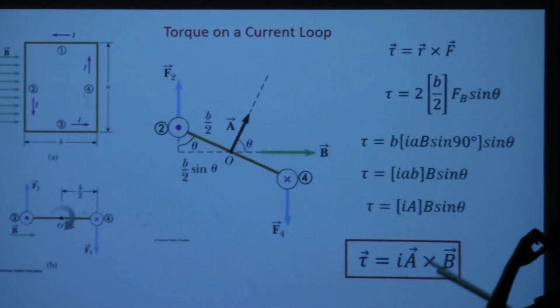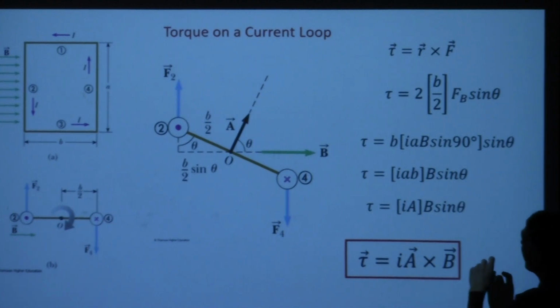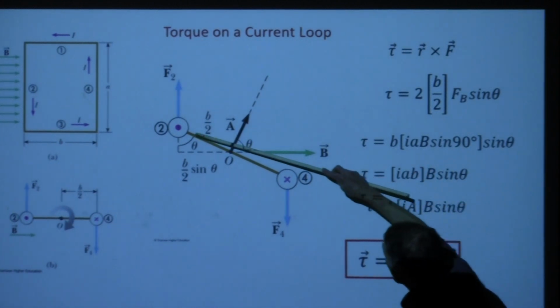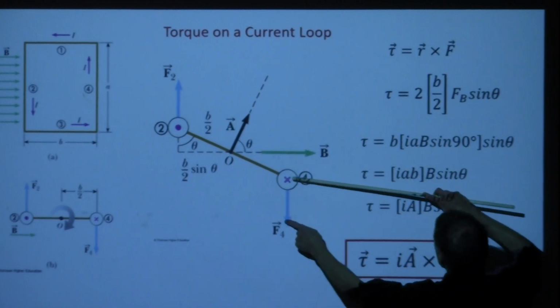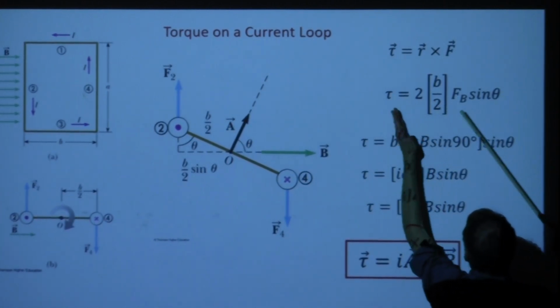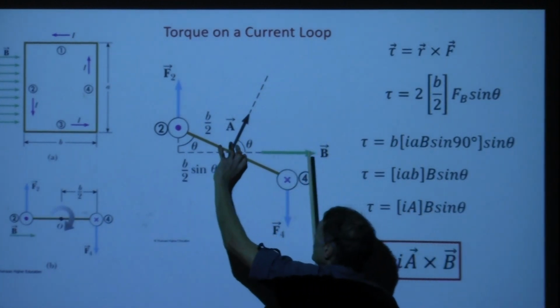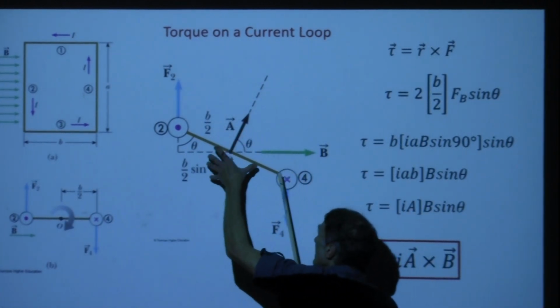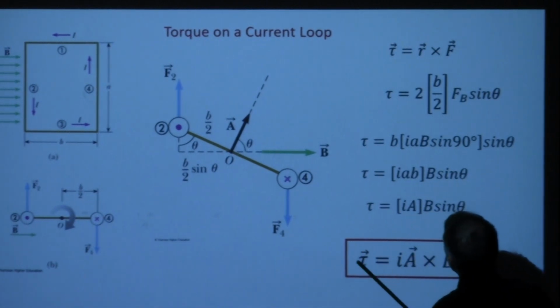Okay, now we have the torque due to this one. We also have the torque due to this one. So that's where this factor of 2 comes in. I've got 2 of these, both contributing to a torque that wants to twist this thing like that.